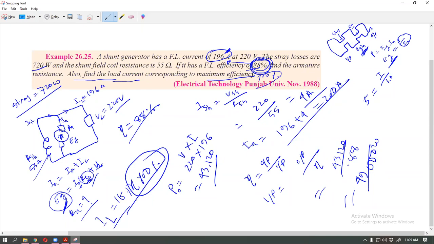Now you know that EaIa is equal to input minus stray loss. You know that your stray loss is 720.